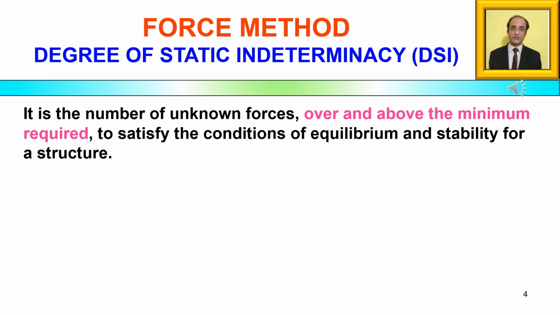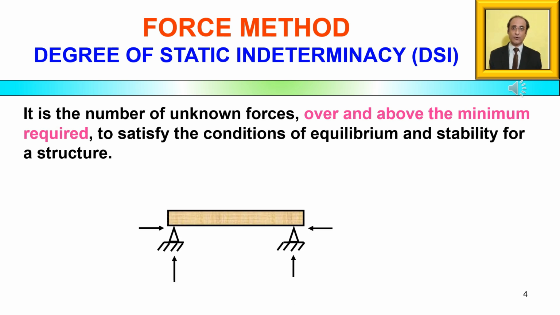For example, if we consider a 2D beam with simply supported conditions at the two ends, then what we find is that there are 4 reactions. One reaction is thus extra, so one of the supports can be turned into a roller support. So in this way, the degree of static indeterminacy, or DSI, is 1 because the structure is carrying 1 extra reaction.